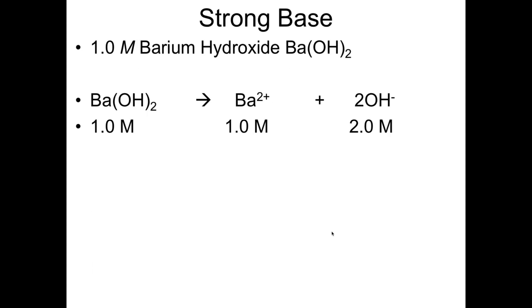Okay, so we have 1.0 molarity of barium hydroxide, Ba(OH)2. That's going to break apart to get 1.0 molarity Ba. Because you're going to get 2 hydroxide ions, you'll basically have 1 times 2 to get 2.0 molarity of this.